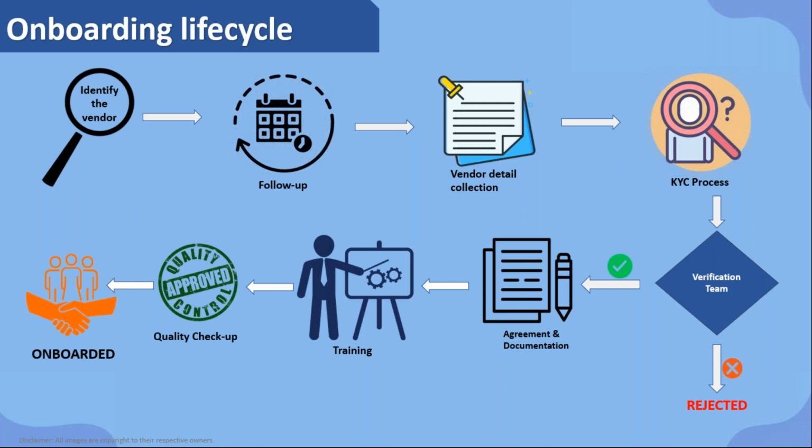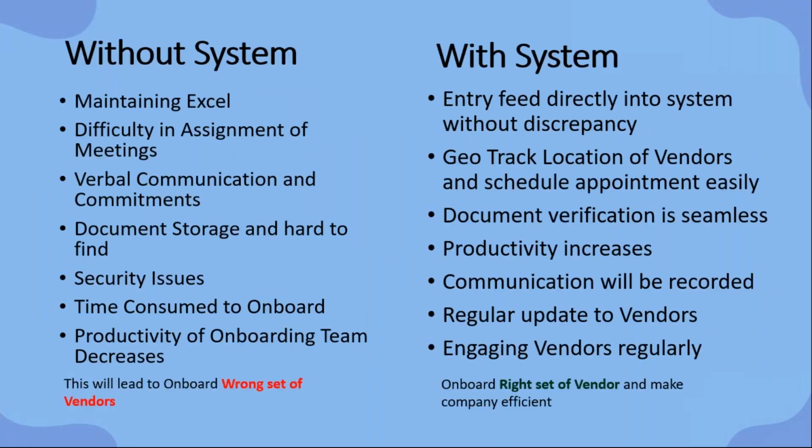Now we'll see with and without system in the next slide, how the system will help, and if you don't have any system, what drawbacks you have. So without a system, it's very clumsy and the process is very scattered. You are collecting that information on Excel or in a document in the field, and it will be very difficult to assign any task to the user so that they can engage, assigning those corporate locations based on location or availability.